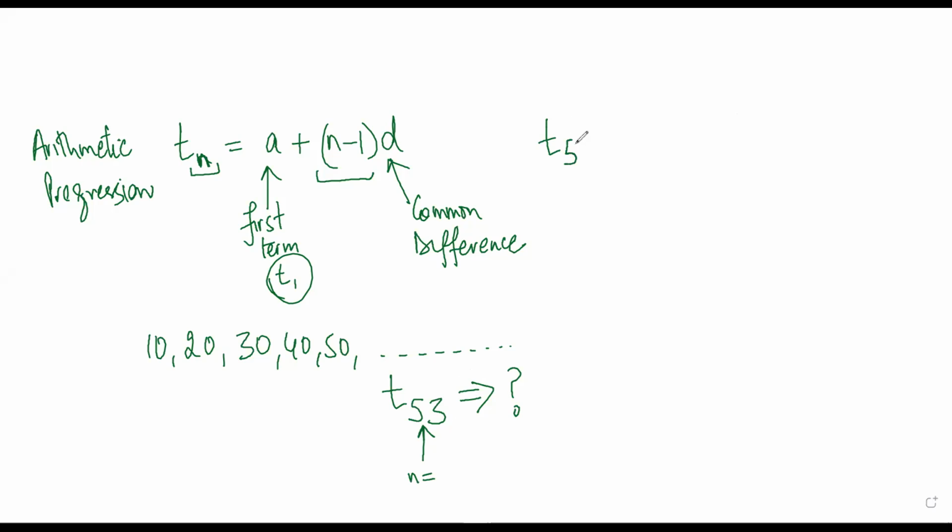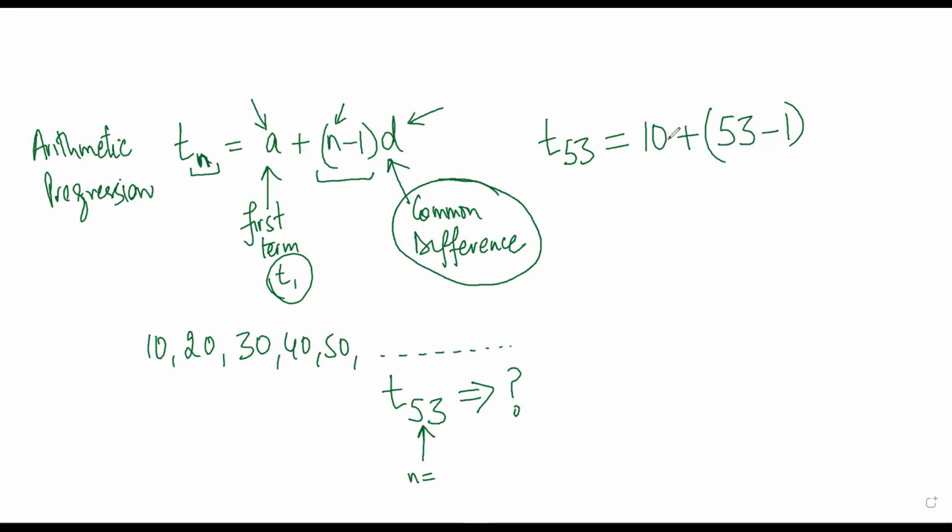So T53 is equal to A. What is my first term, Satya? 10. Plus. What is my n? 53. It would be 52. What is my D, Satya? So D means common difference. Okay, 10.